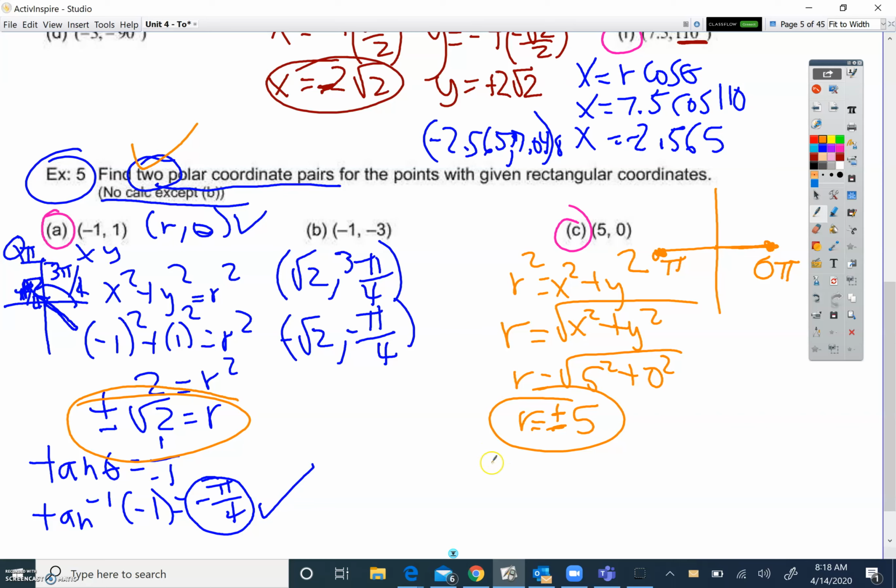For our coordinates in polar form, I'm going to have 5 with 0 pi, and I'm going to have negative 5 with pi.